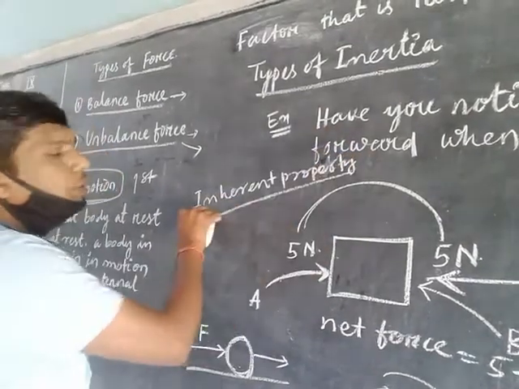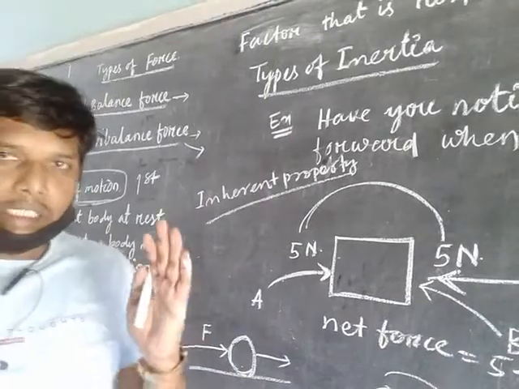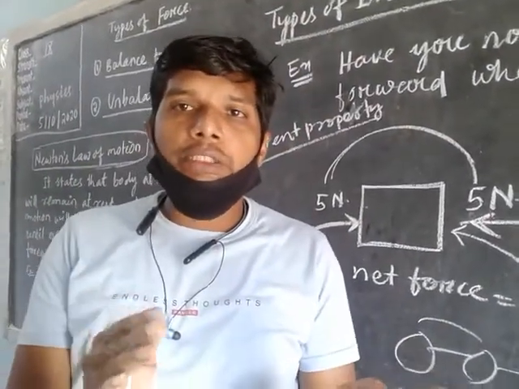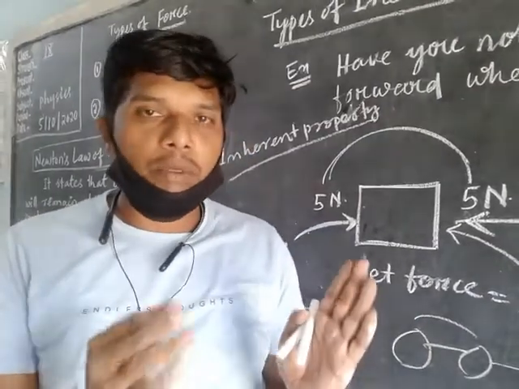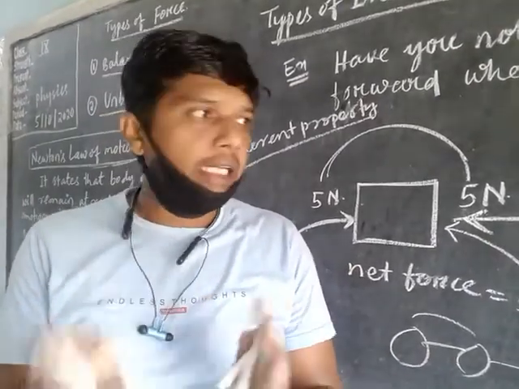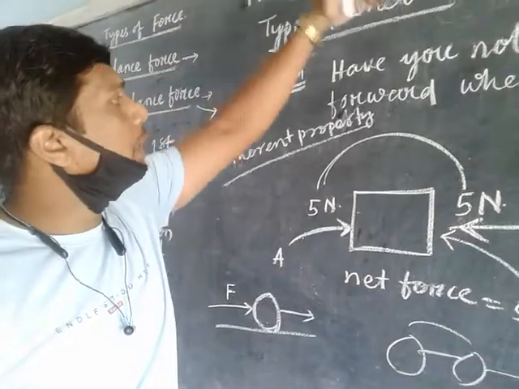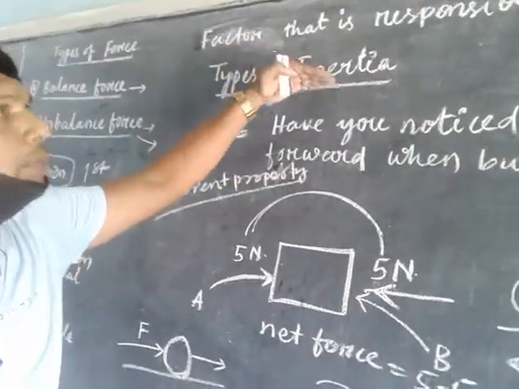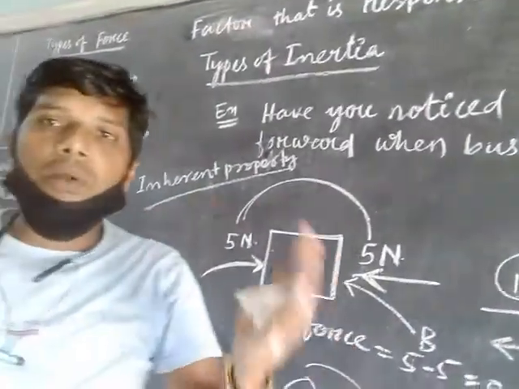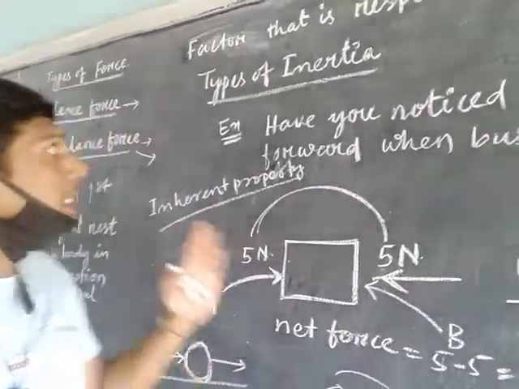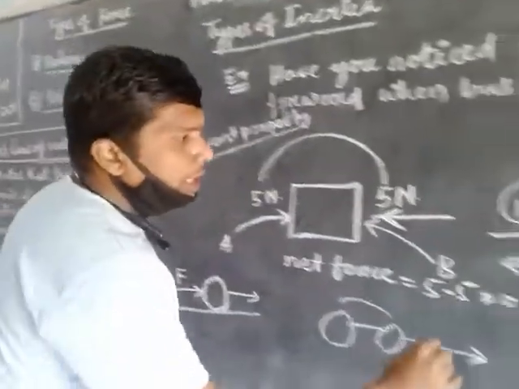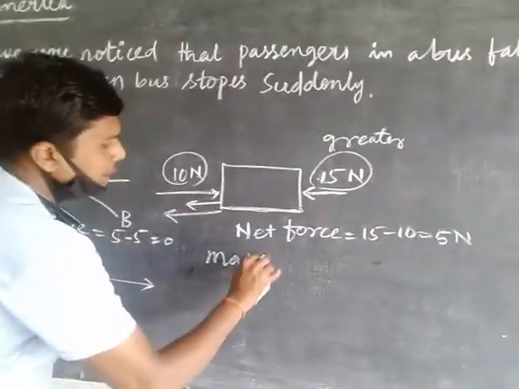Why is it an inherent property? When the body originates, at that time this inertia property remains on the body. The inertia of bodies is not equal for all bodies, because inertia depends upon mass.